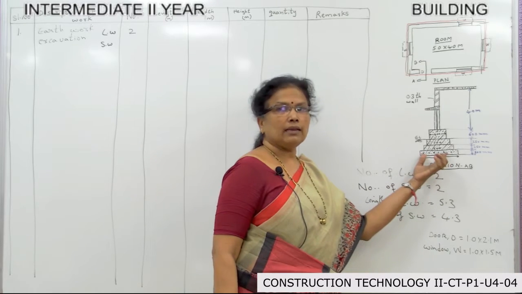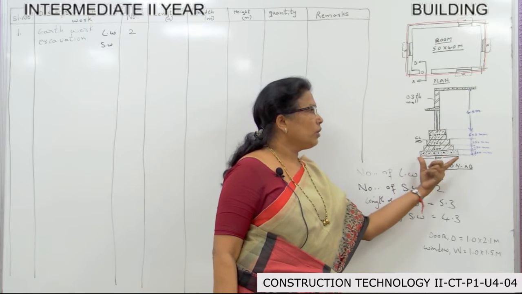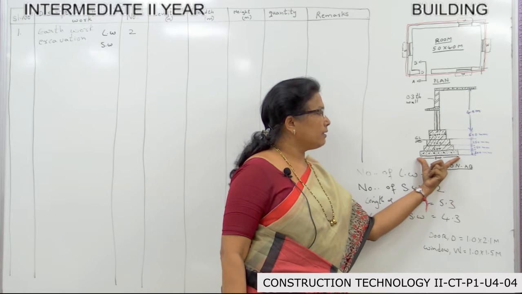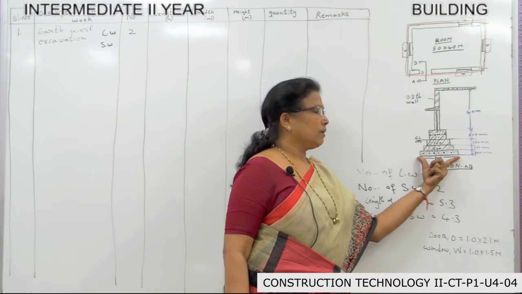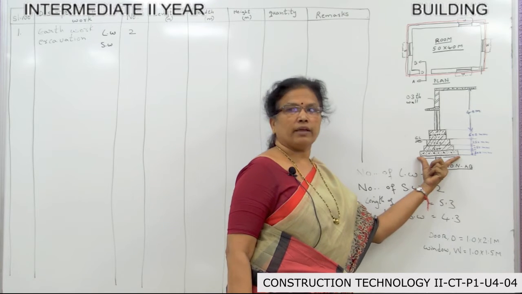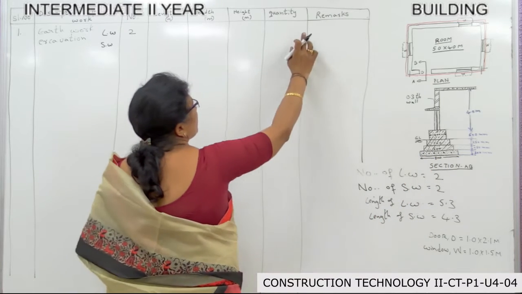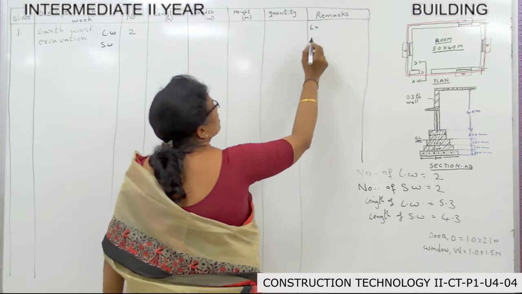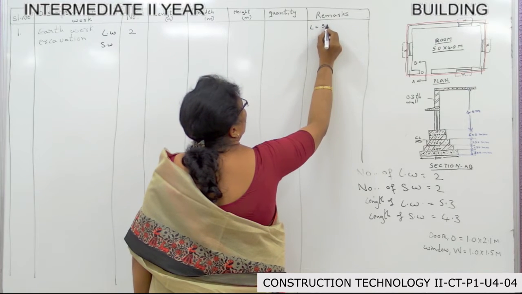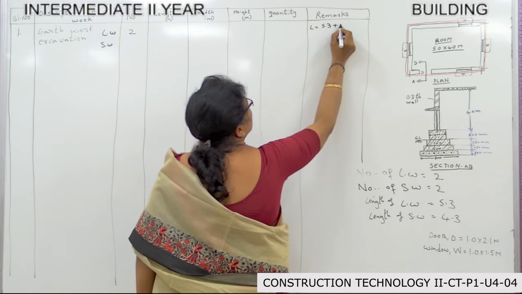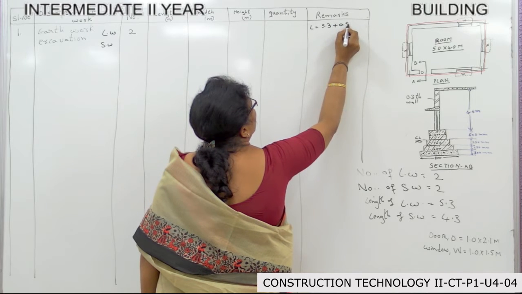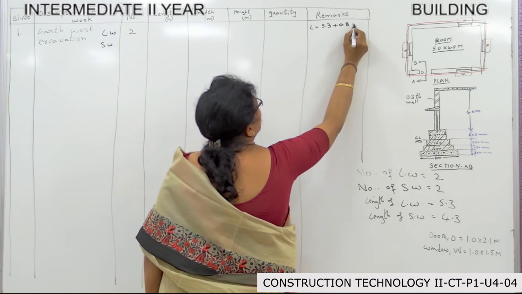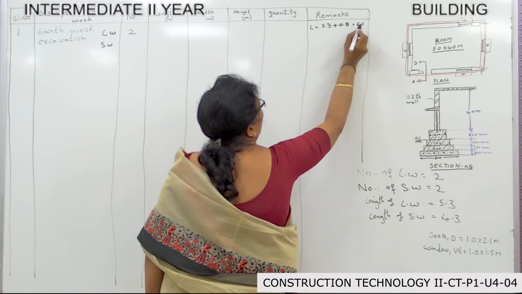For this 5.3, when you are calculating the length of excavation, you need to add the width of excavation. So here in the remarks column, length of excavation is equal to 5.3 plus 0.8.